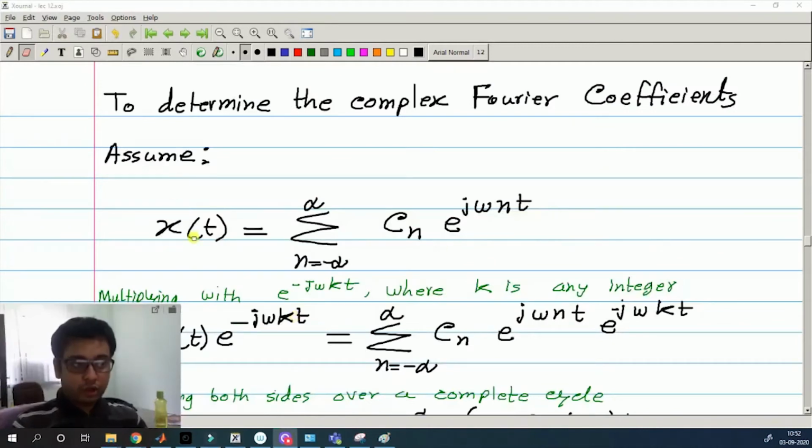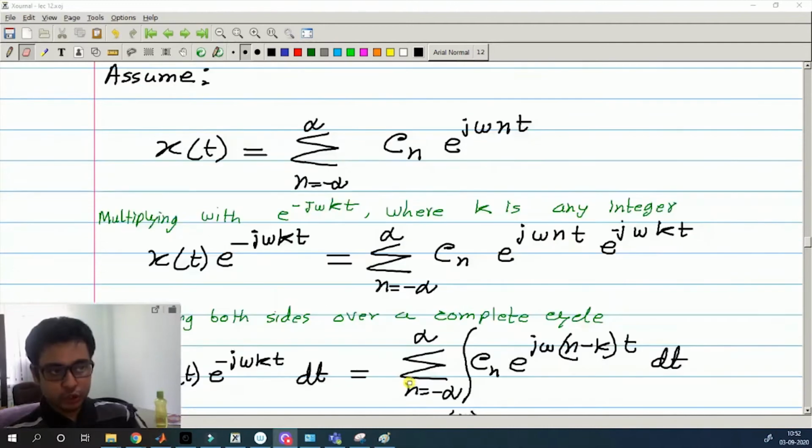So almost any periodic signal can be written as a sum of complex exponential harmonics, and to determine the amount of different harmonics, this is the trick we used.